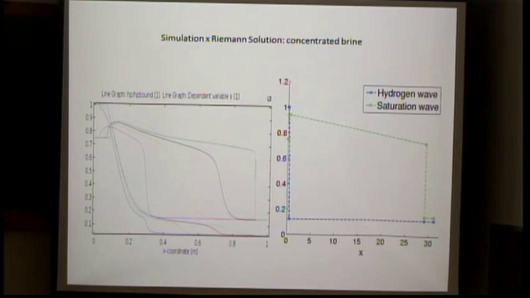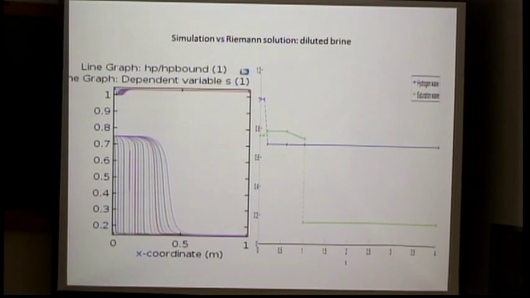So if you want to predict how much oil is going to be displaced, this will give you a pessimistic scenario. This is what should be observed. Why is that? I'm actually skipping details, as I have all the time. Why is that?